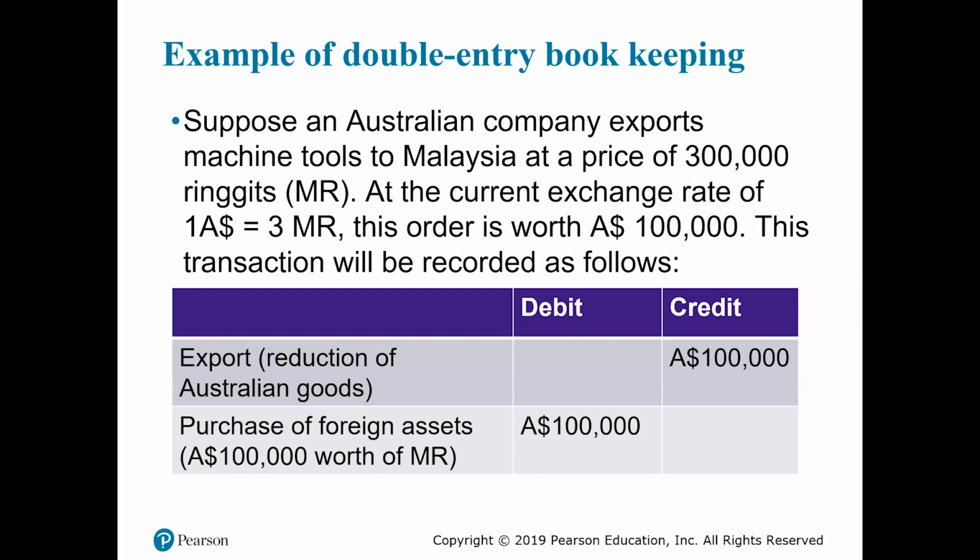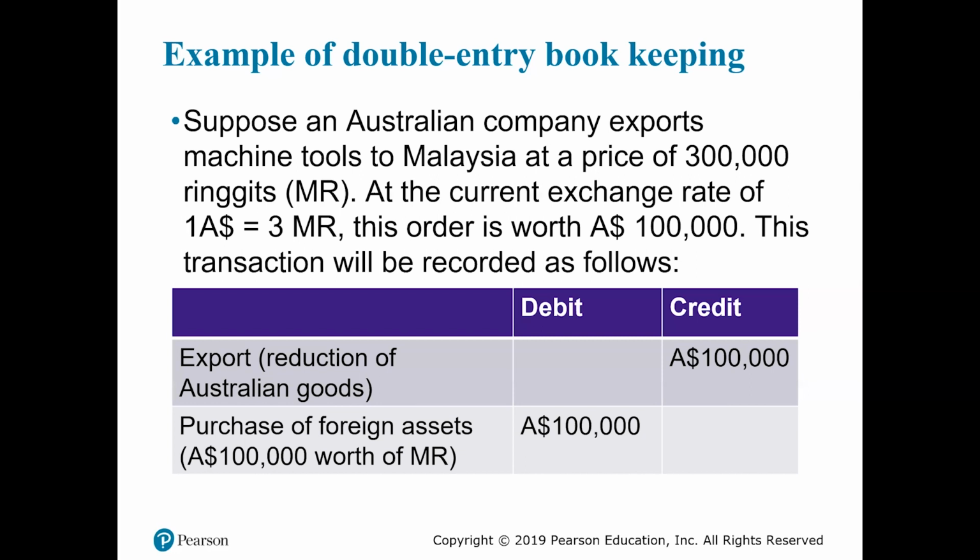On the other hand, the same transaction is followed by an inflow of foreign assets, an inflow of foreign currency, which is worth 100,000 Australian dollars. So the machine tool is going to Malaysia, it's credit, and 300,000 Malaysian ringgit is coming to Australia, which is recorded as a debit. Now, this is a very simple example of double entry bookkeeping.